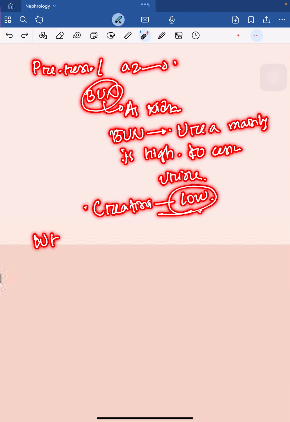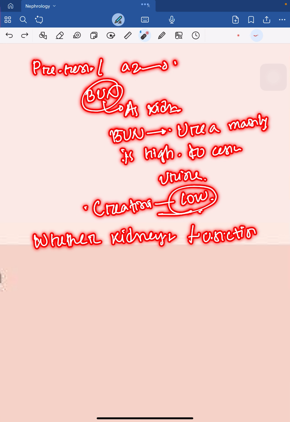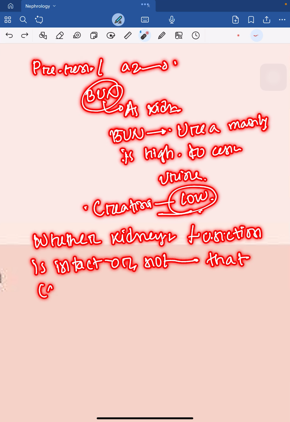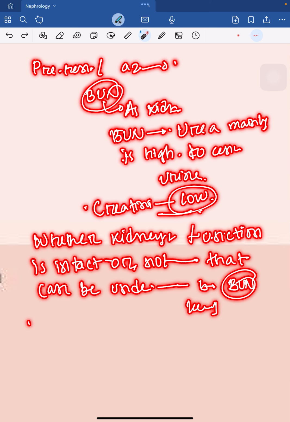So whether kidney function is intact or not can be understood by seeing the blood urea nitrogen level. In prerenal azotemia, blood urea nitrogen or urea is more.